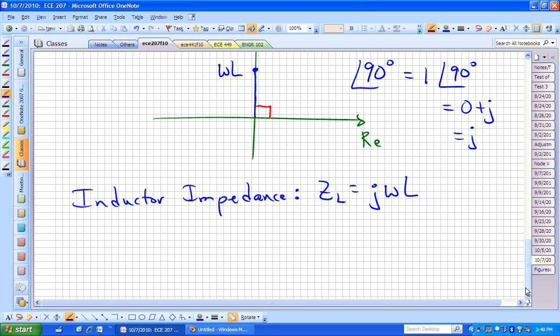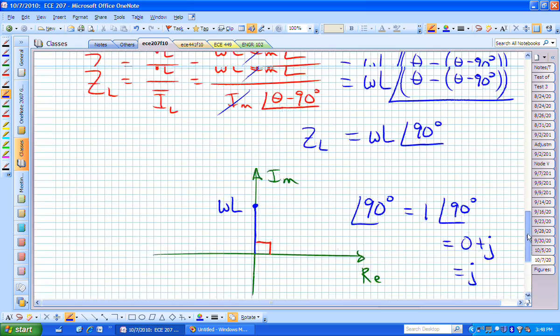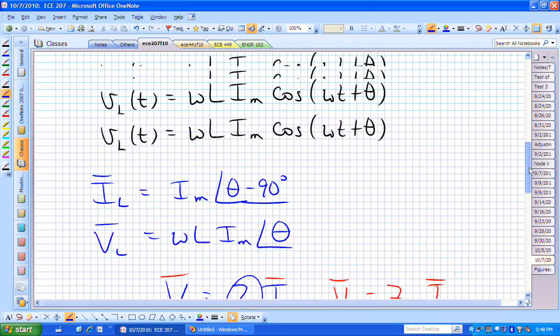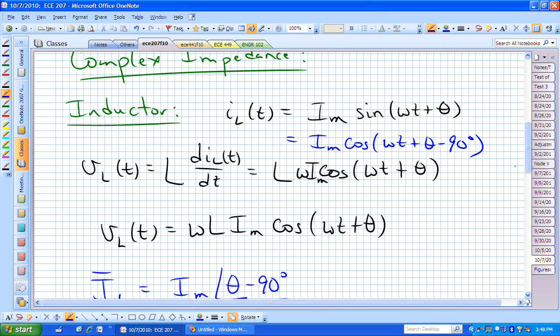Other questions? Question? This goes way back. I think you just answered the question. The question was, why did I define I sub L as I sub M sine of omega t plus theta? I just wanted it to be sinusoidal, but I knew that Eli existed, and I was going to have to take the derivative of whatever I defined the current to be.